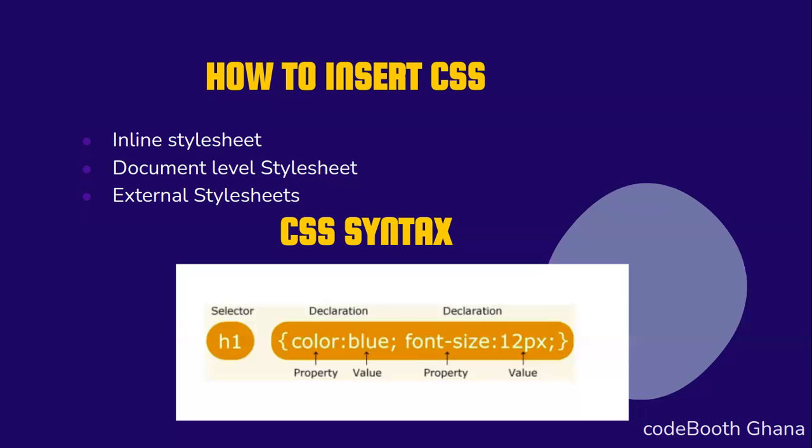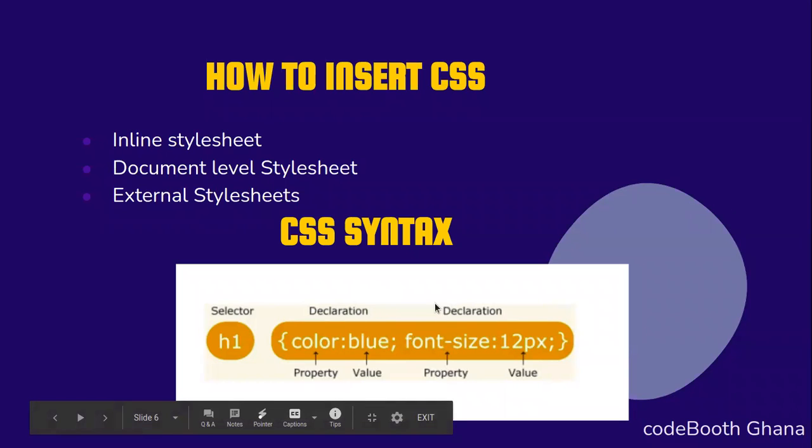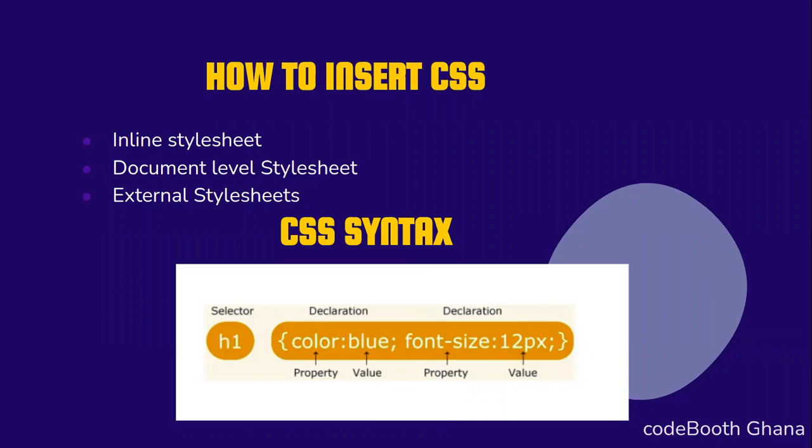Okay, so before we look at these three ways of adding CSS to your website, let's look at a typical syntax of CSS. That is how you can write CSS or how you can add CSS to your website. When you come down here, you can see these are the main parts of a CSS. This is the syntax of a typical CSS code.